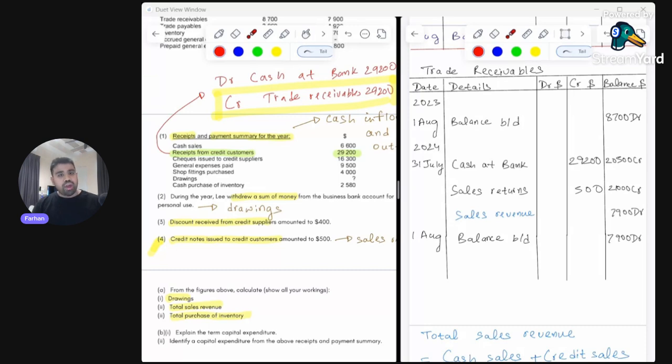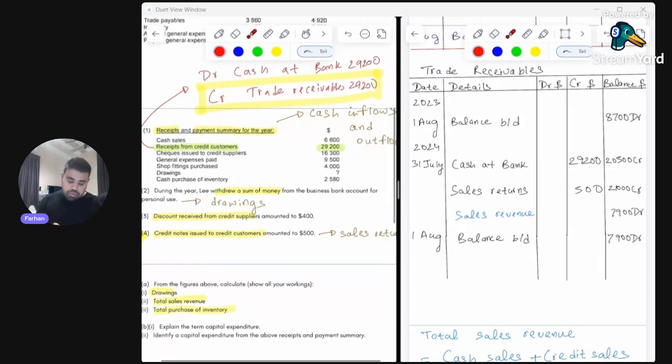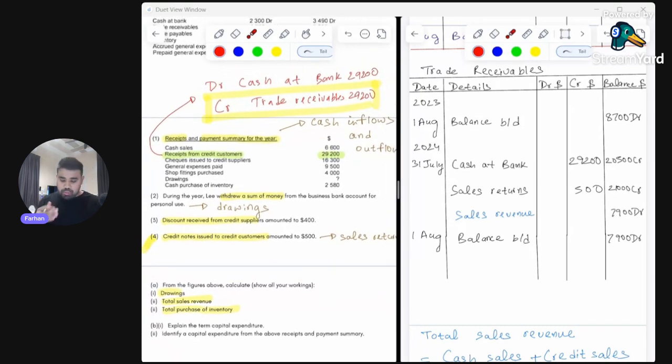Based on point number 4, we understand that we have issued a credit note, and credit notes are issued as a guarantee or confirmation of sales returns that we have recognized. So in this case, the sales returns is $500, which when we process, it's going to decrease the amount that our trade receivables owe us. And when trade receivables go down in value, we have to credit it because it's an asset account going down in value.